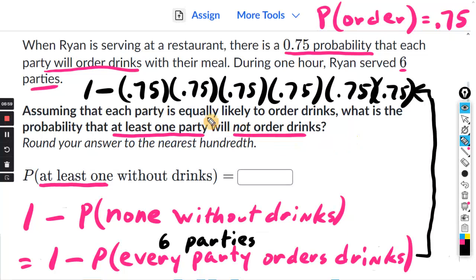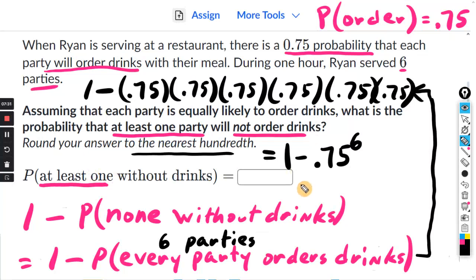These are all independent events. So this is the probability of each party ordering a drink, and there's 6 parties, so you multiply it 6 times. So instead of writing all that on the calculator, since you're multiplying 0.75 6 times, you can just do 0.75 to the 6th power. I am going to do this on the calculator and get an answer and round to the nearest hundredth.